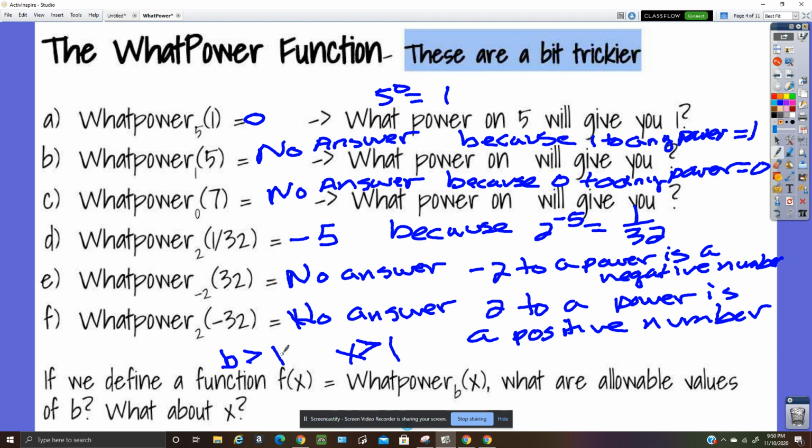So this is b is greater than 1, as whole numbers, right? Or integers, same thing here. Well, these could be fractions, so I shouldn't say whole numbers. b has to be a whole number. x can be a fraction, because here's an example right here where x is a fraction.